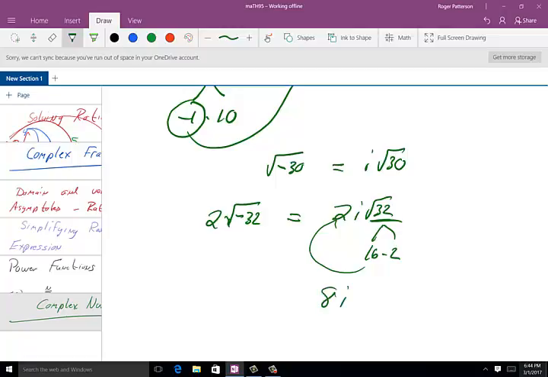That gives us 8i square root 2. So not a whole lot of stuff changes as far as our properties with square roots or anything. There's just an i there. Questions on that part?